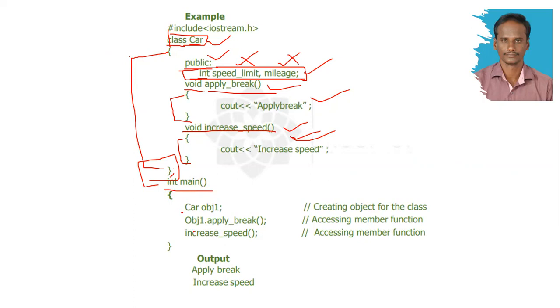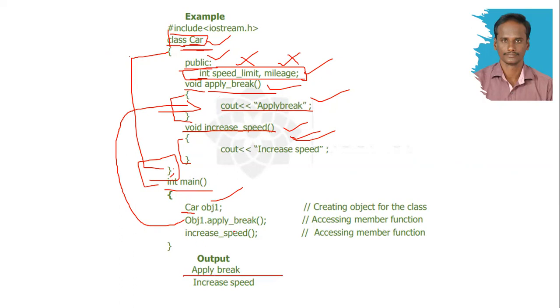Class name followed by object name. The class name is car. The object name we have to give. So object1 dot apply brake, and automatically it goes to apply brake. The statement given is cout apply brake, so the output is apply brake.